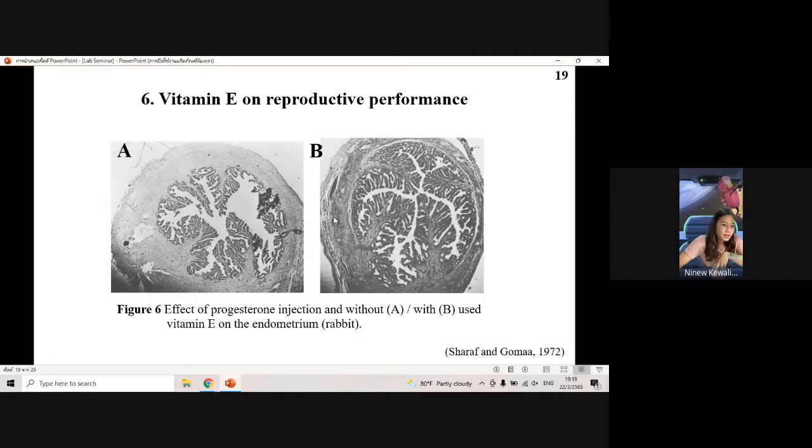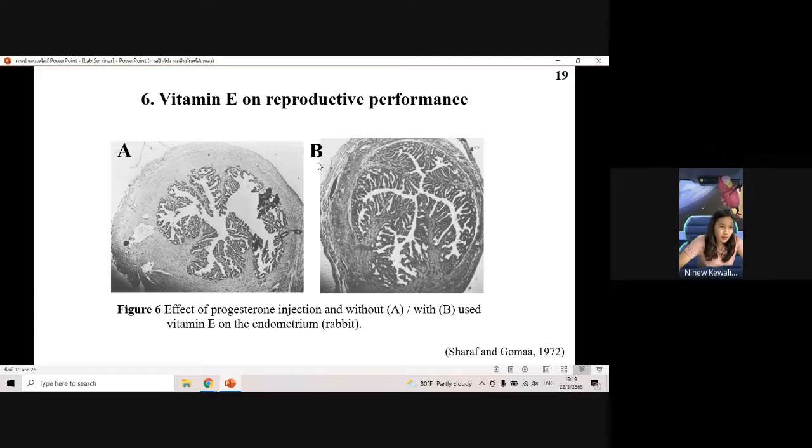And this figure uses progesterone injection, without and with vitamin E, in the rabbit endometrium. Figure A uses progesterone but no vitamin E supplementation.